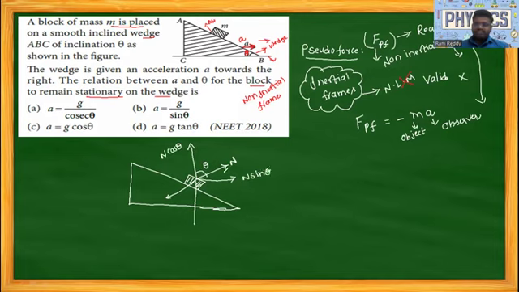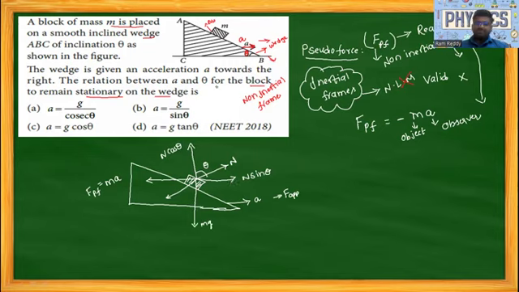And the pseudo force: the applied acceleration A is in the forward direction, and the pseudo force is opposite. So this is our pseudo force, that is m into a. Then our mg will be in the downward direction.